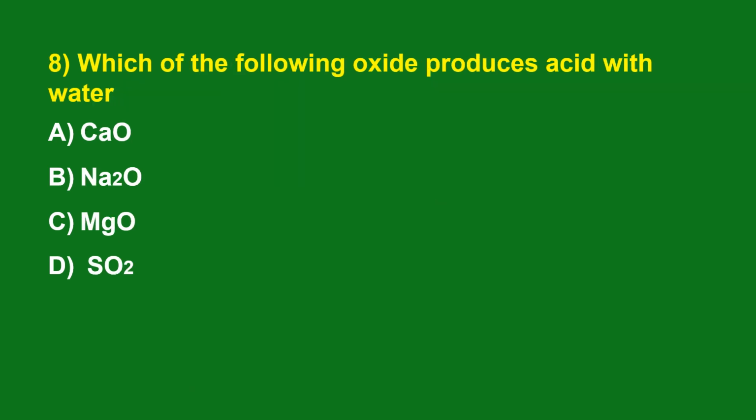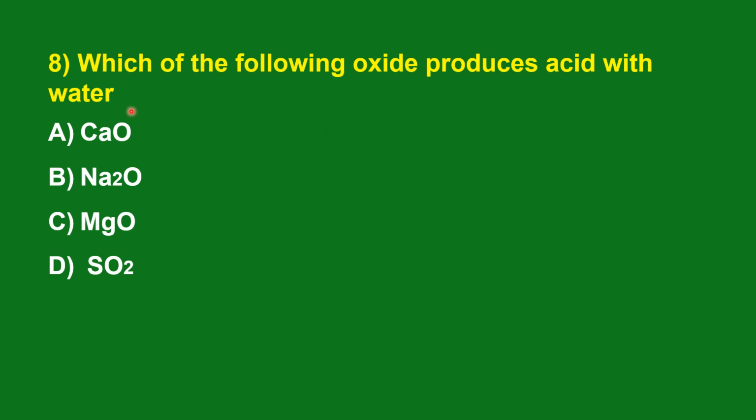Question number 8. Which of the following oxides produces acid with water? Options: calcium oxide, sodium oxide, magnesium oxide and sulfur dioxide. Dear students, usually we will get acids when non-metallic oxides react with water. I am repeating, generally whenever non-metallic oxides react with water, we will get acids.